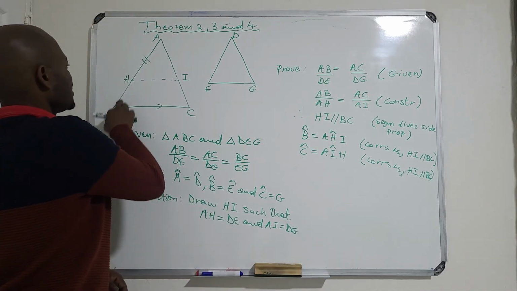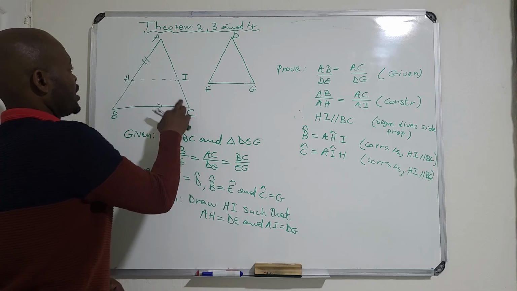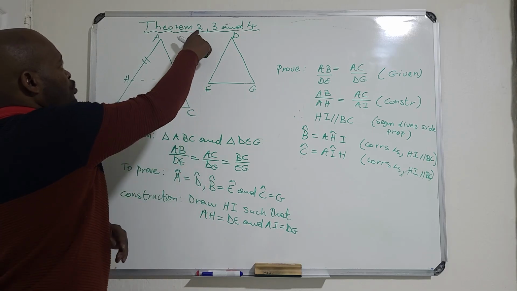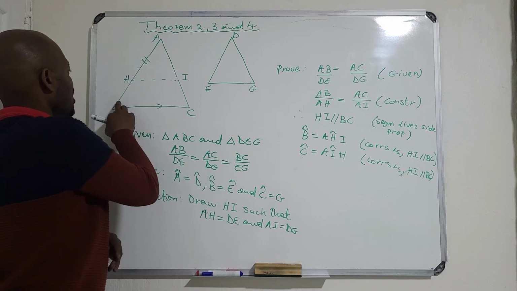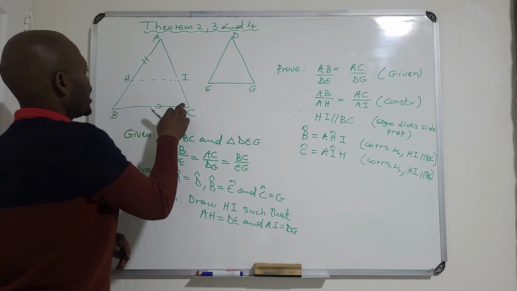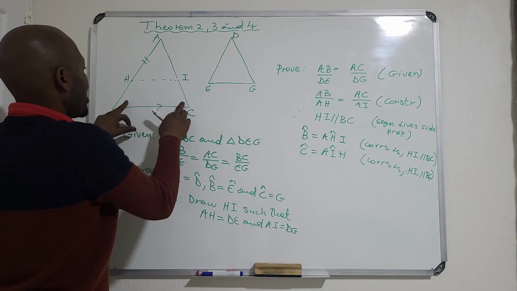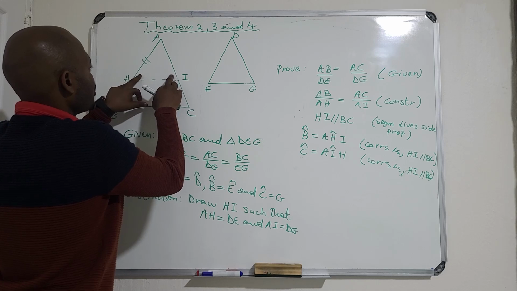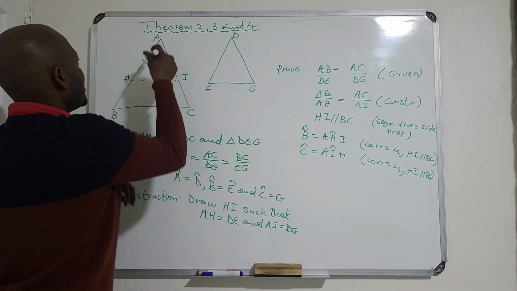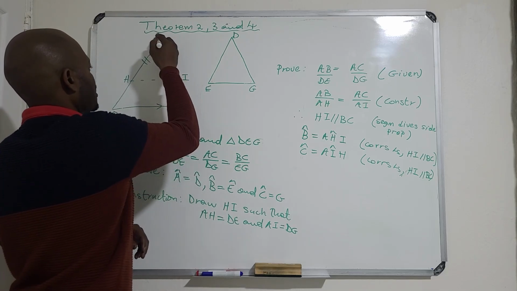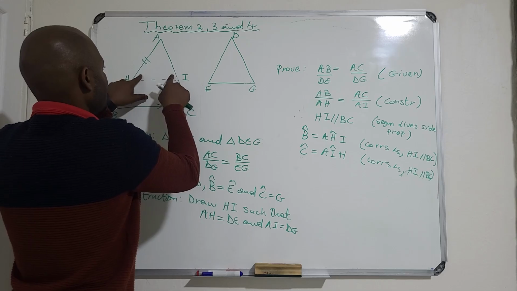Now, since this angle is equal to that angle, and this angle is equal to that angle, at the end of the proof of theorem number 2 we said that when two interior angles of one triangle are equal to two interior angles of another triangle, then this triangle is similar to this triangle, since the two angles are equal.